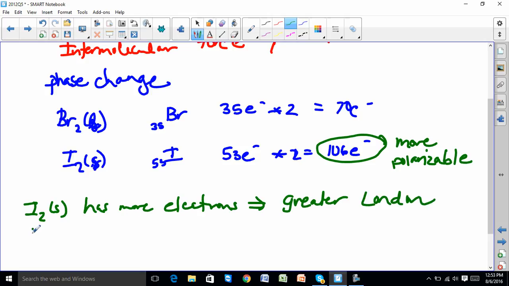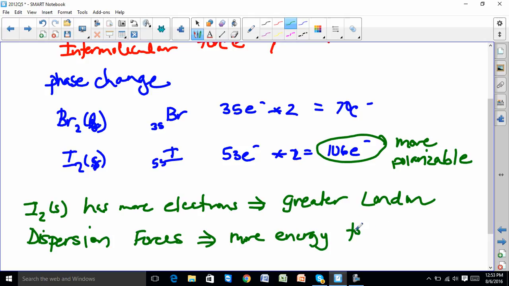Remember, those are the only forces that are at work between two nonpolar molecules. It has greater London dispersion forces, and because the molecules of I2 are more attracted to each other than the molecules of Br2 because of the greater forces, it takes more energy to cause the phase change.